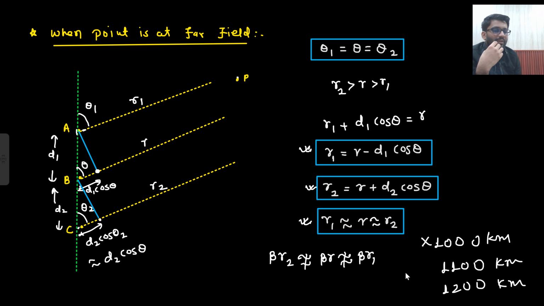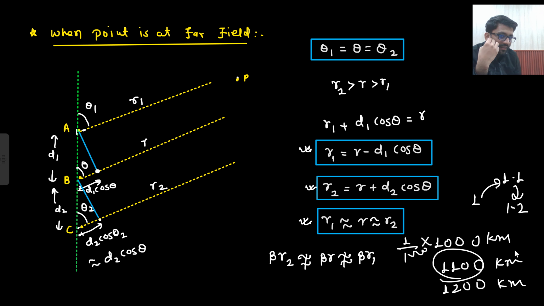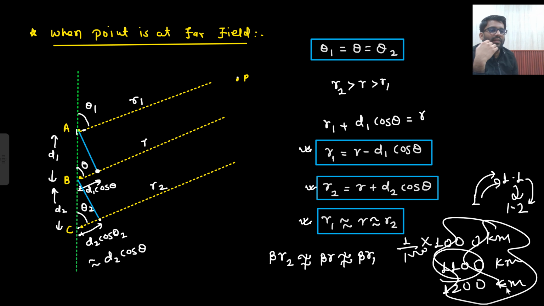But if I multiply with beta, let's just say my beta is 1 upon 1000, so now what will this become? 1. This will become 1.1 and this will become 1.2. So now they are not near. 1 is far away from 1.1 and 1.1 is far away from 1.2. But in the matter of distance they are nearly equal. But if you multiply with beta, then you cannot say that they are nearly equal. Are you getting this point?